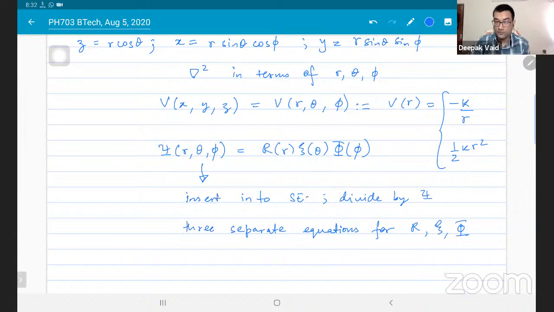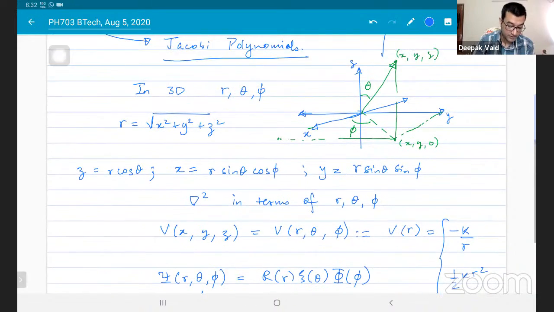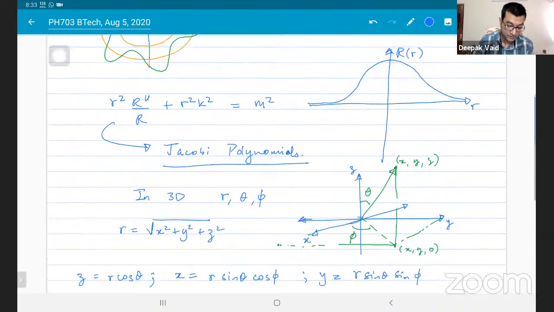And then you open some mathematical physics book like Arfken and Weber or whatever, and generally R will be the one which will have some complicated equation, and you see what sort of differential equation it is, and you solve it. Okay.